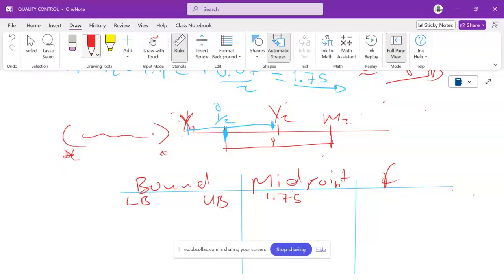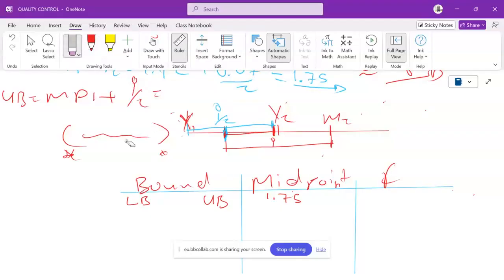Now, we can find UB, the upper boundary, by saying midpoint plus, because we want to move from the midpoint to here. So upper boundary is equal to midpoint 1 plus half of the interval, and you're going to get what you're looking for.